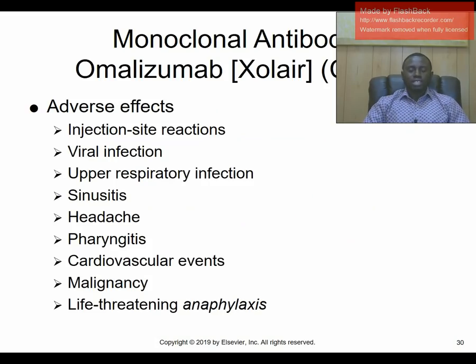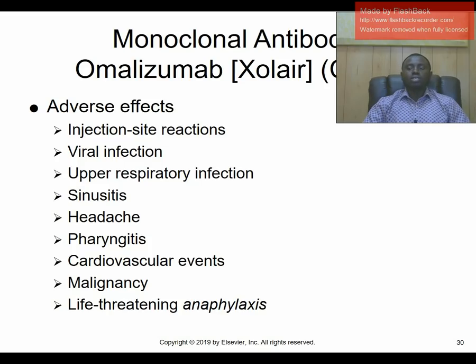Adverse effects include injection site reactions, so skin reactions such as itchiness and swelling, and viral infection, because it decreases the immune system's ability to respond to the inflammatory process, thereby reducing the body's ability to fight off infections.